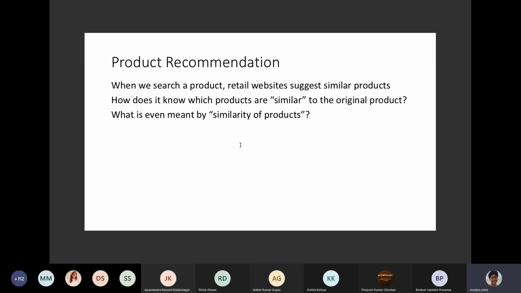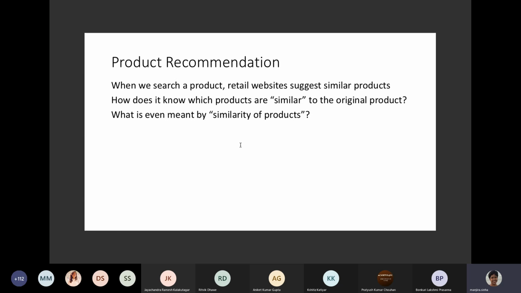When we search for a product, retail websites suggest similar products, but how does it know which products are similar to the original product? And what is meant by similarity of products? How do we say that this product is similar to that product? Because it does not say "similar", but it says "you may also like these products", or "customers who have purchased this have also looked into these products."